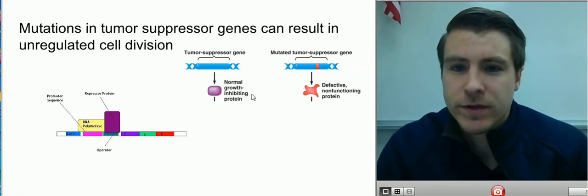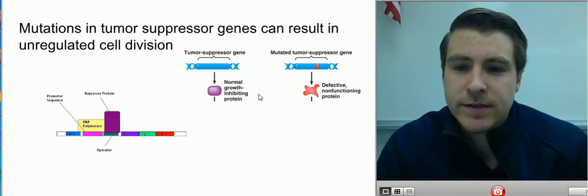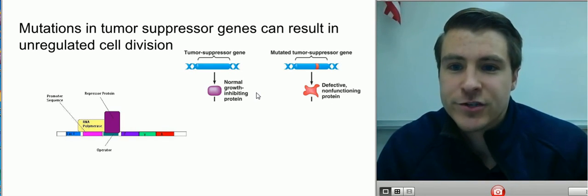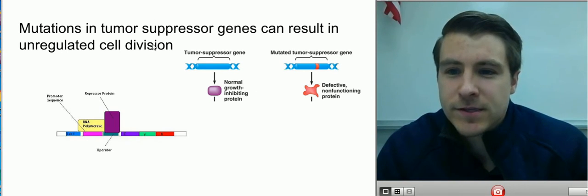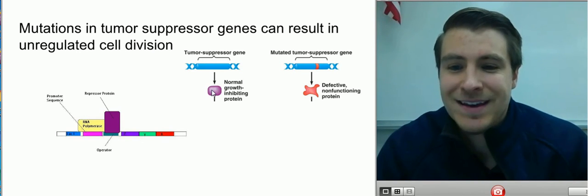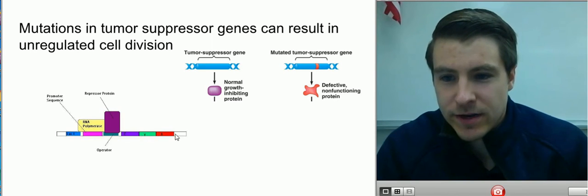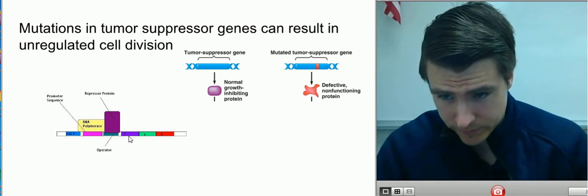I wanted to give an even simpler example here. There are also studies that have shown that individuals who have cancer frequently have mutations in their tumor suppressor genes. And so, as the name suggests, a tumor suppressor gene creates a protein that inhibits the cell cycle. So maybe you can picture this gene down here. This is a piece of DNA, this long strand down here.